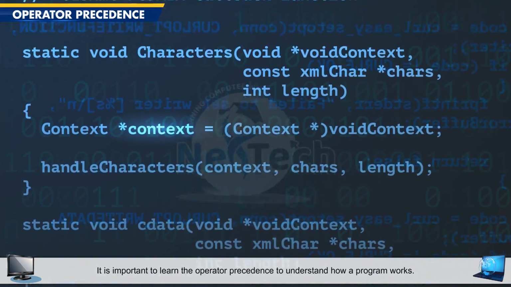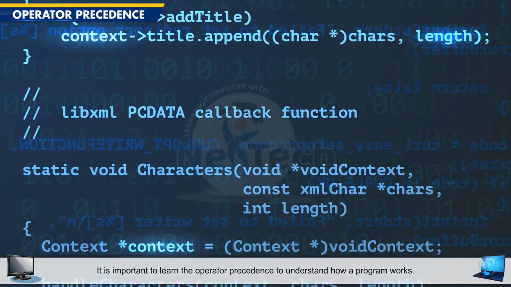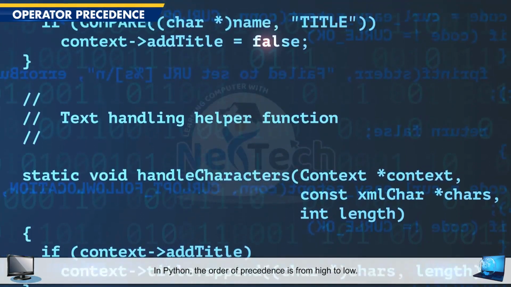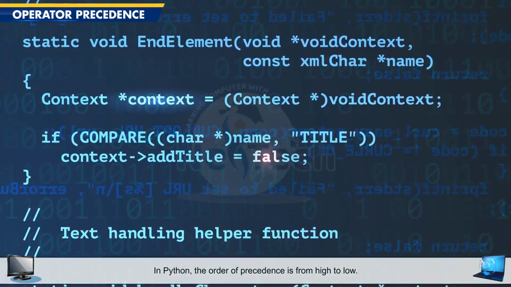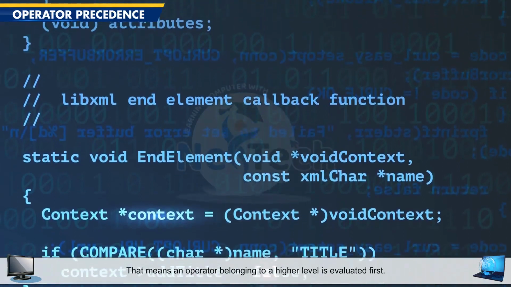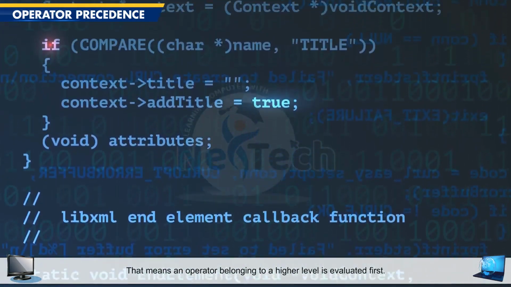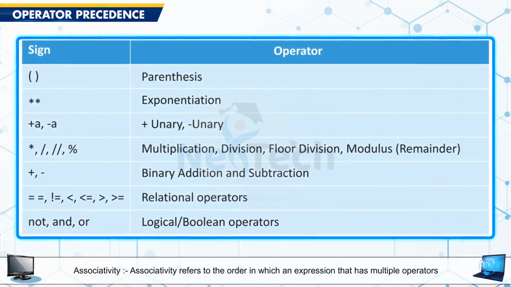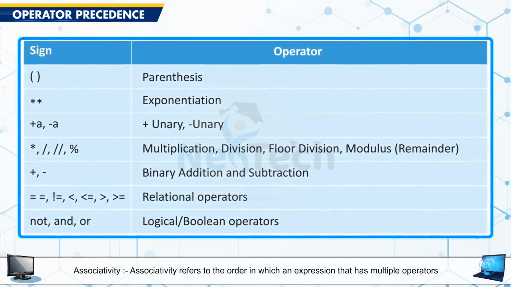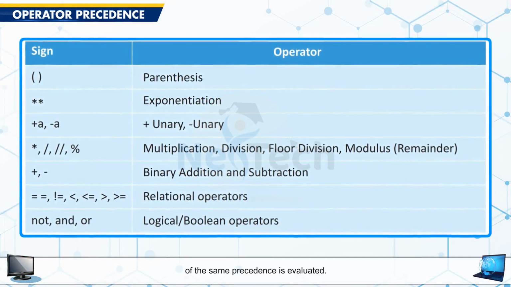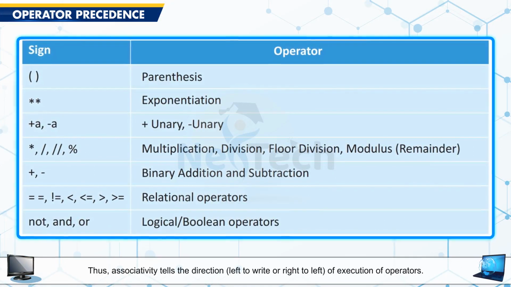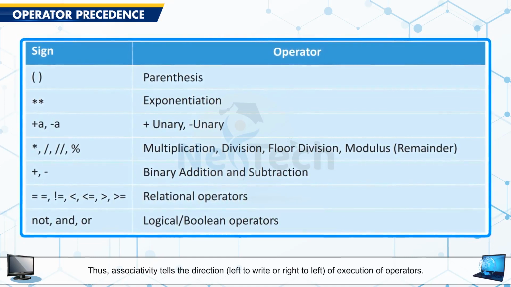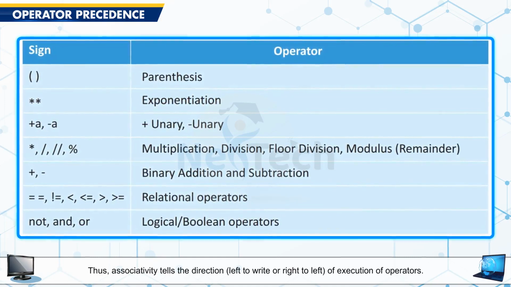It is important to learn the operator precedence to understand how a program works. In Python, the order of precedence is from high to low. That means an operator belonging to a higher level is evaluated first. Associativity. Associativity refers to the order in which an expression that has multiple operators of the same precedence is evaluated. Thus, associativity tells the direction, left to right or right to left, of execution of operators.